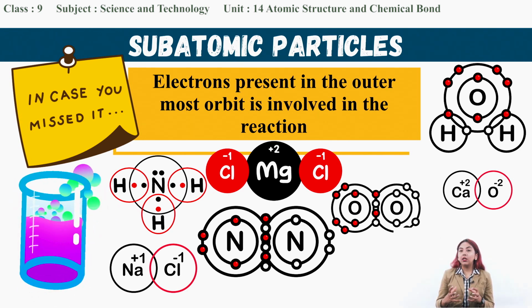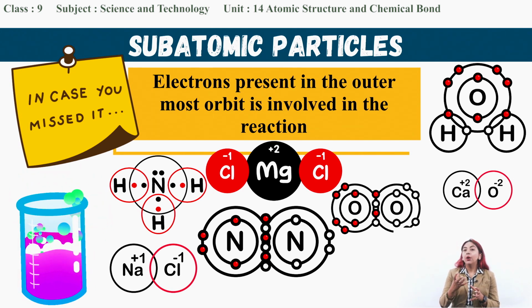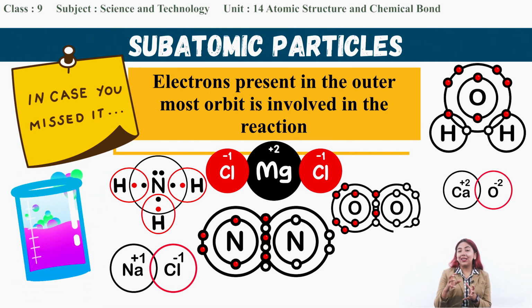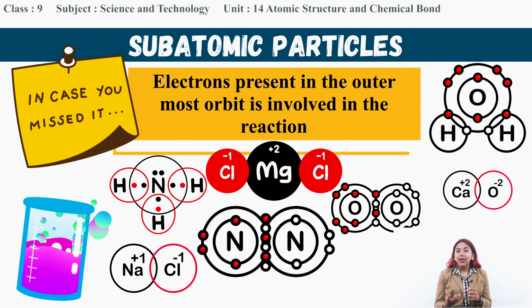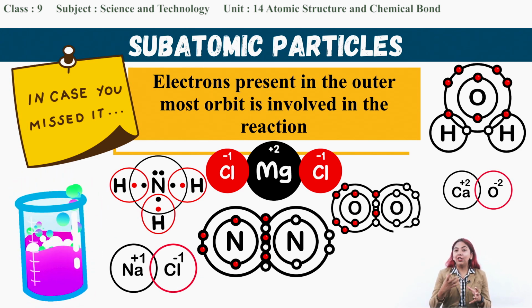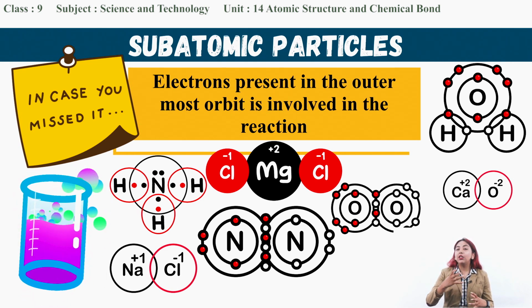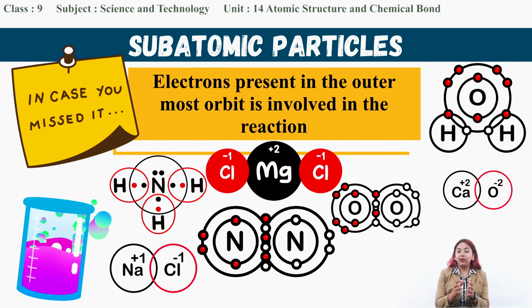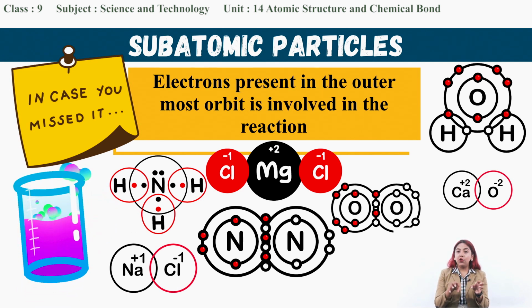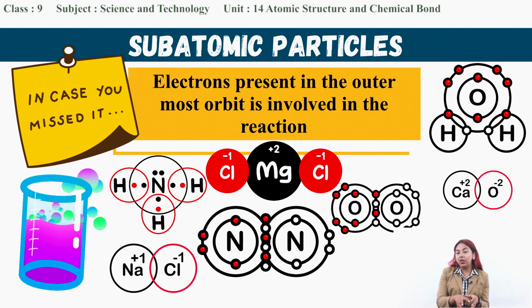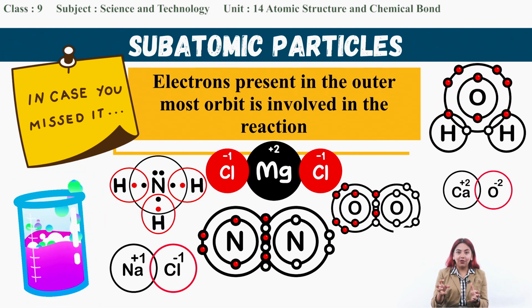Now, why does only the electron take part in the chemical reaction, but the proton and neutron present inside the nucleus do not react? Well, it is because in a chemical reaction, the heat energy that is evolved is not enough to break the nucleus, that is, to break the subatomic particles individually out of the nucleus so that they can take part in the chemical reaction.